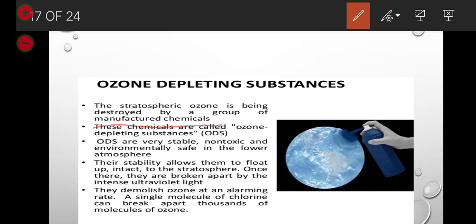ODS are very stable, non-toxic and environmentally safe in the lower atmosphere. Their stability allows them to float up intact to the stratosphere. Once there, they are broken apart by intense ultraviolet light.